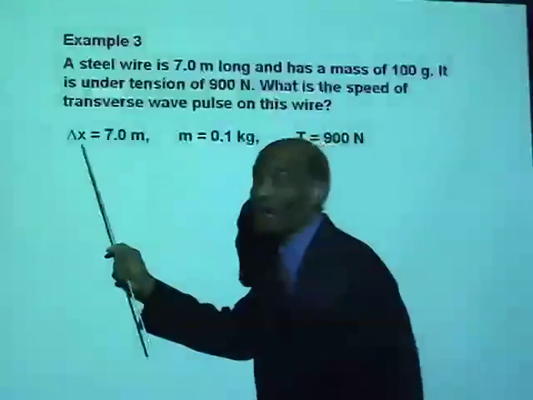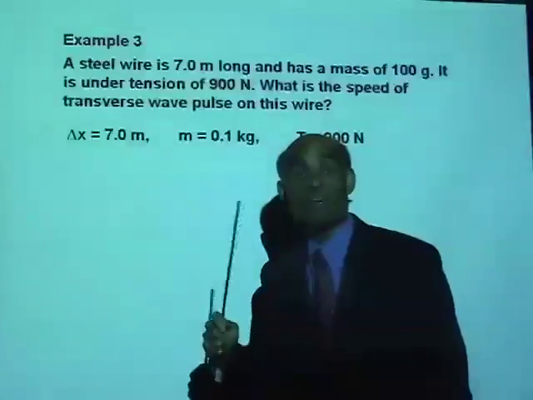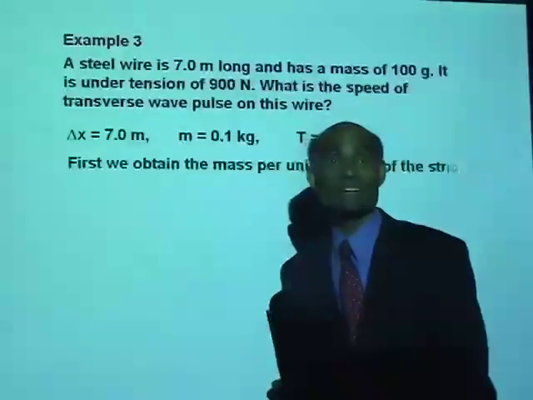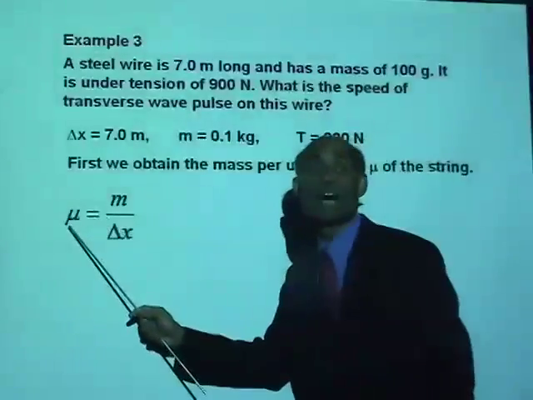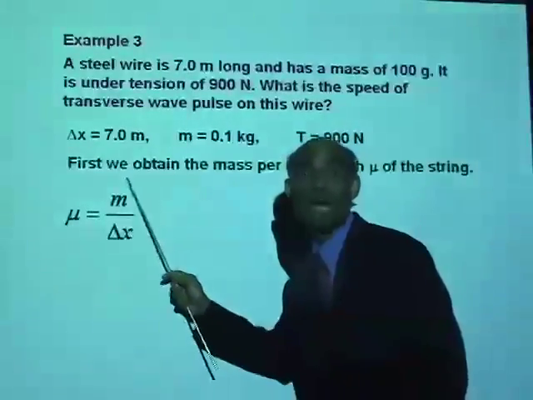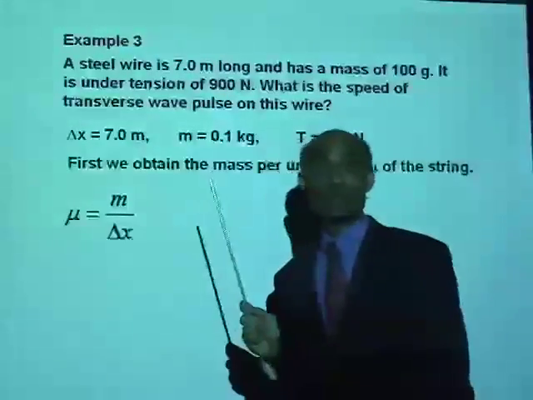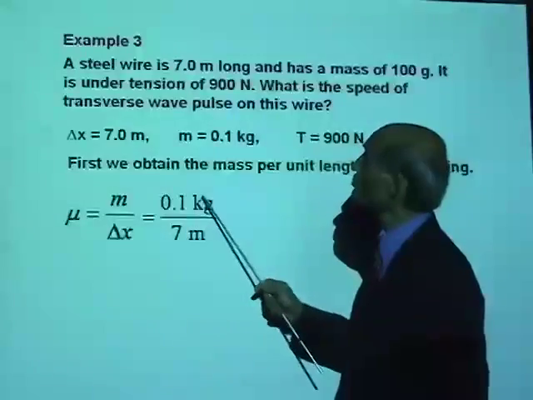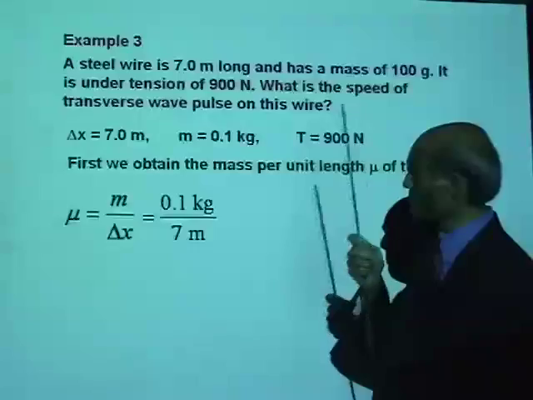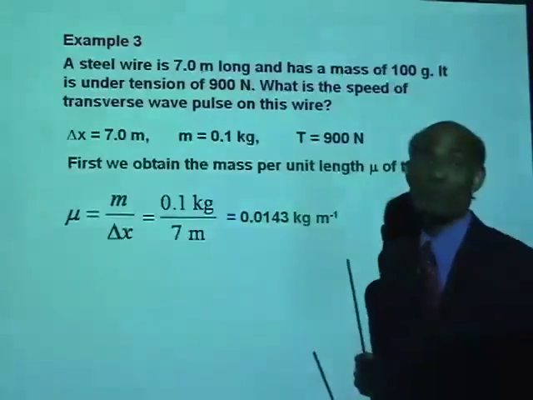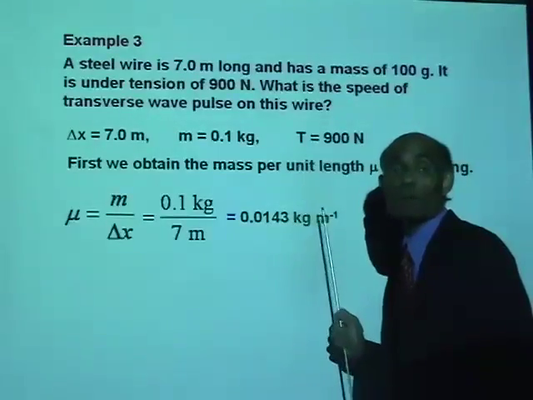Well, if you have delta x, the length, and m, the mass, we can find the mass per unit length. So first we obtain the mass per unit length as mu equal to mass divided by the length. Is that right? Mass per unit length. That will be 0.1 kilogram divided by 7 meter. And what's that equal to? That will be 0.0143 kilogram per meter.